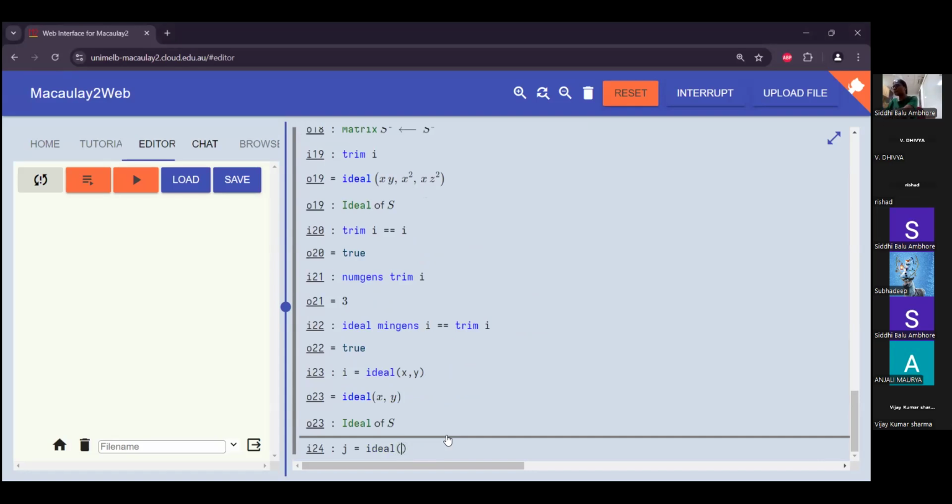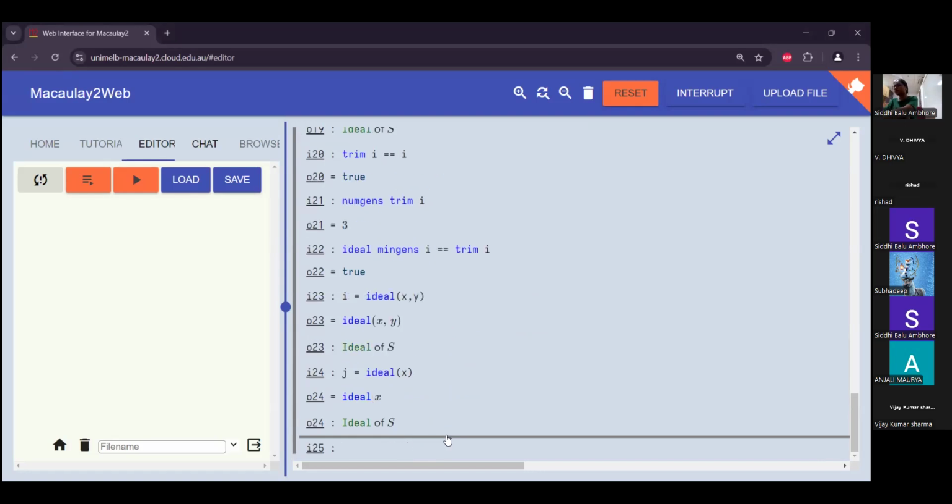And let us take j to be just ideal x. Then you have to write this subset check. So you have to check whether j is a subset of I. Read it like this: is j a subset of I?